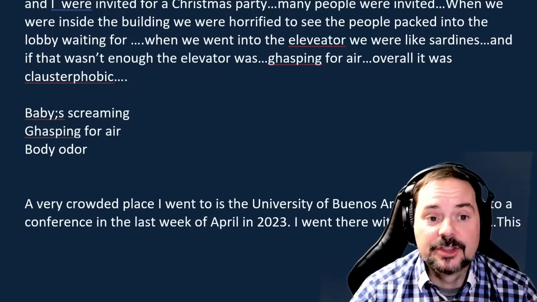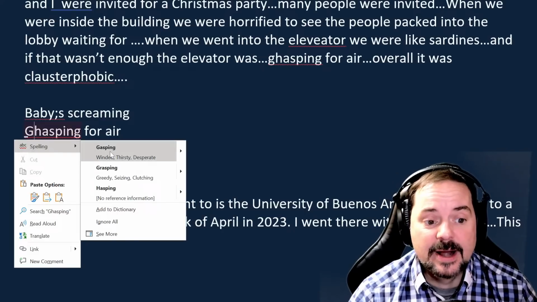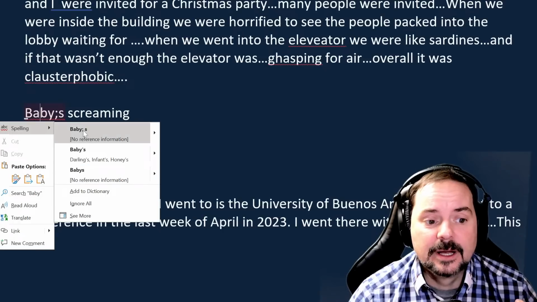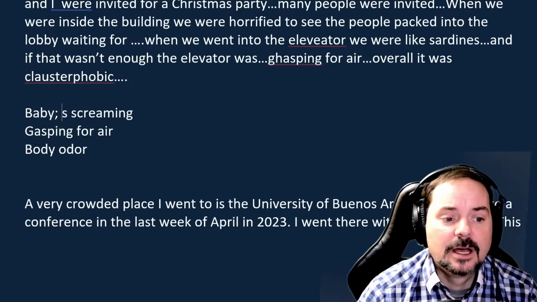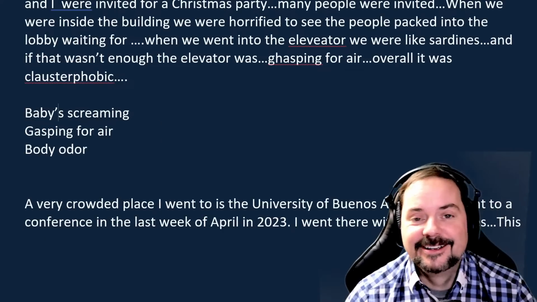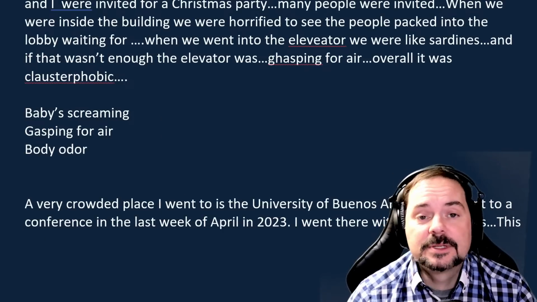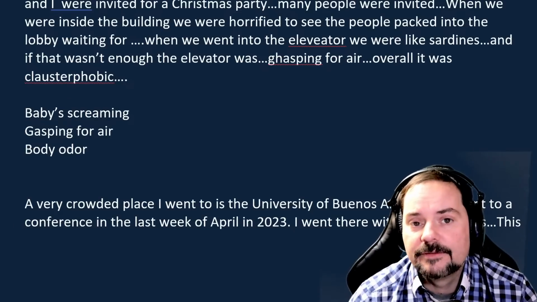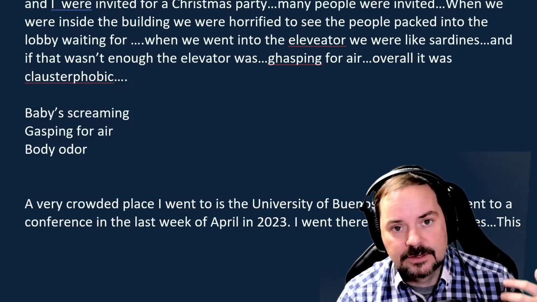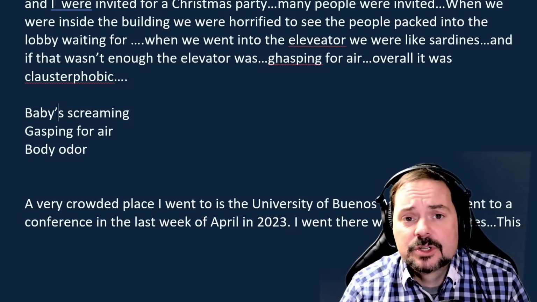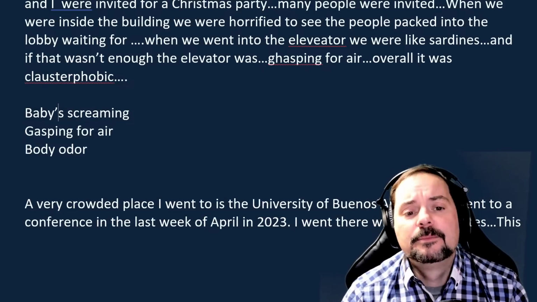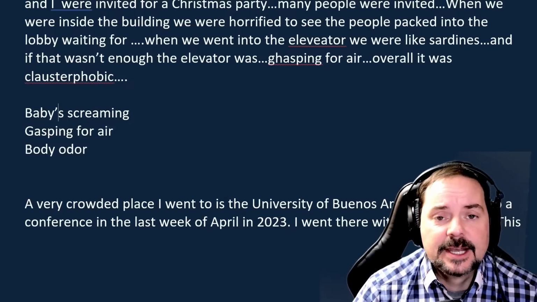So smelling each other, right? Exactly. When we're in crowded spaces, then we smell each other. And it's great descriptive language. So a lot of very nice use of descriptive language. You made use of that term, like sardines. It was claustrophobic. Definitely gave me the sense that I'm being crowded.